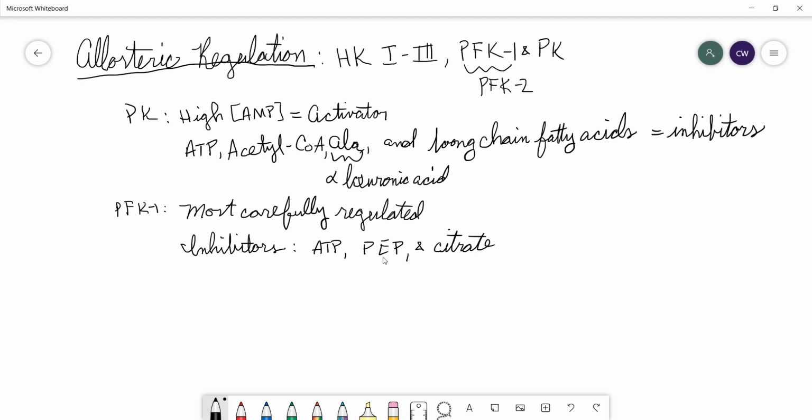PEP is the end product, right, of our glycolysis, and citrate is one of the products in the citric acid cycle. ATP is a product of all of these. So imagine that. It's inhibited by the products that say, hey, I've got plenty of energy to the rest of the cell components. But it is activated by AMP, which I'm sure does not come as a surprise because if there's a lot of AMP in the cell, that means that the cell is starving.